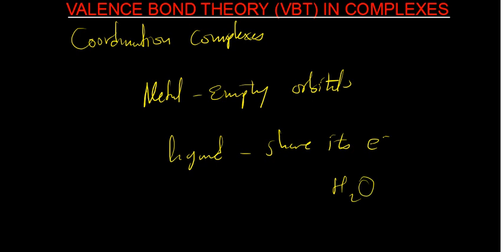A ligand can be an ion or a molecule as long as it has free electrons. For example, water. Water has free electrons. This is supposed to be hydrogen. These electrons can be shared with a metal which has empty orbitals. In those orbitals which are empty, these electrons can come together.